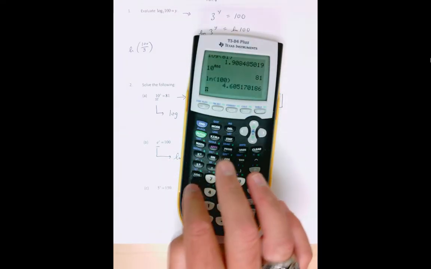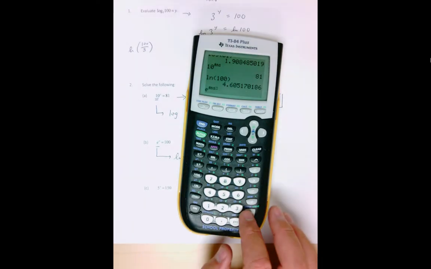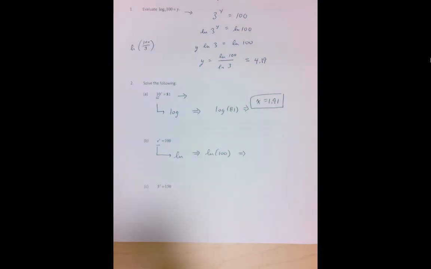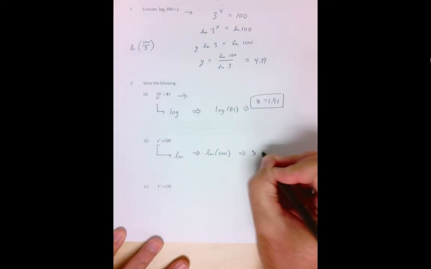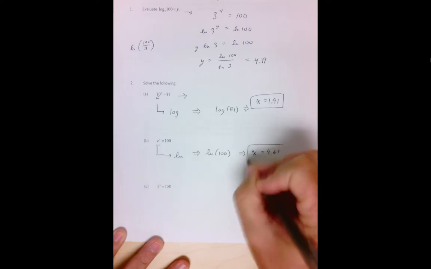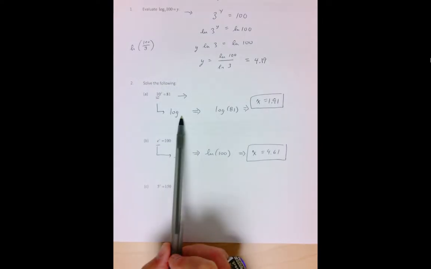Take e raised to the answer that we just solved for, and you can see we get 100. So guys, our answer would be x equals 4.61. So guys, base e, natural log key takes care of it. Base 10, your log key.